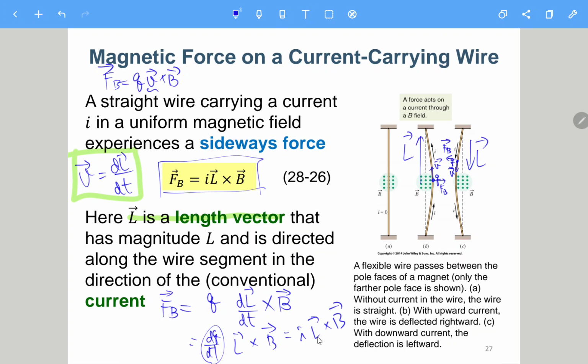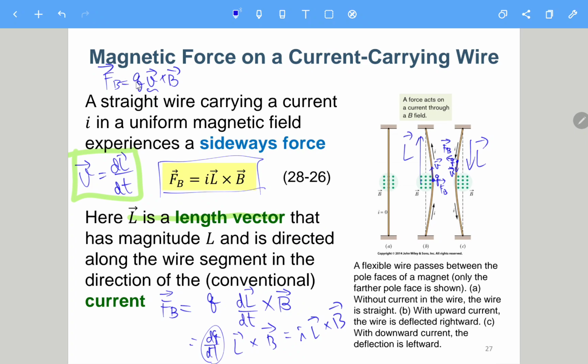Okay, as much as L follows the direction of the velocity or the current. Okay, if we assume that the charge is positive, this velocity has the same direction as the current.